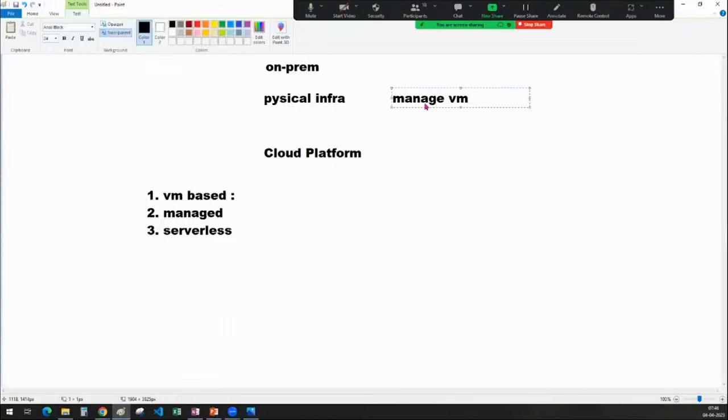Manage the VM. And again, if you want to work with an application, you have to manage your application, because you have to download, install, all of those things. Again, you are the person who needs to develop the solution.